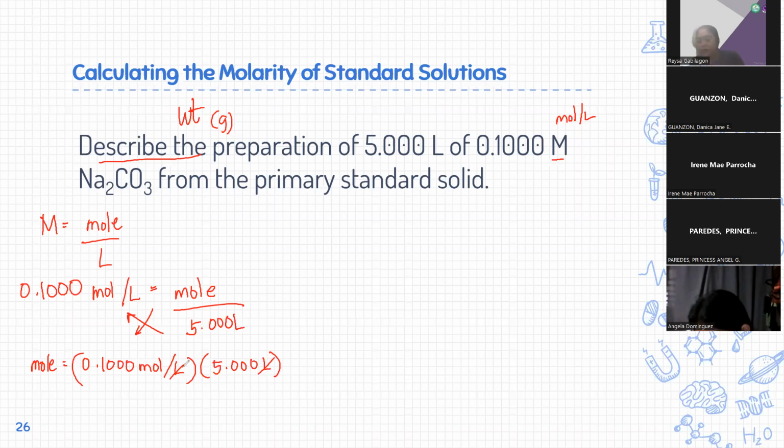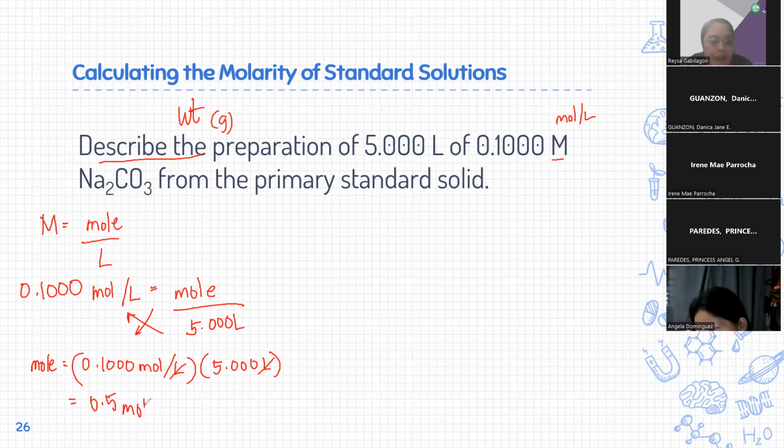Let me just use my phone first. So 0.1 times 5 liters, that is 0.5. Okay. This is 0.5 moles.